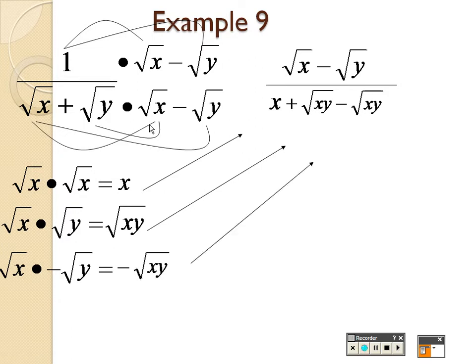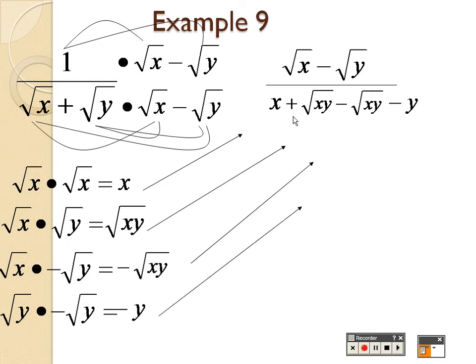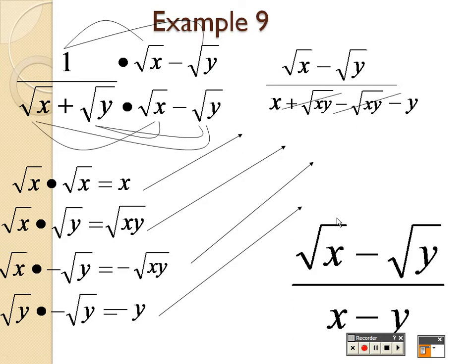I guess I just flip-flop those backwards. So they're negatives and they'll cancel out, and then root y times negative root y will give you negative y. Well, these cancel each other out. Root xy minus root xy, they cancel out, leaving you with root x minus root y over x minus y as your answer.